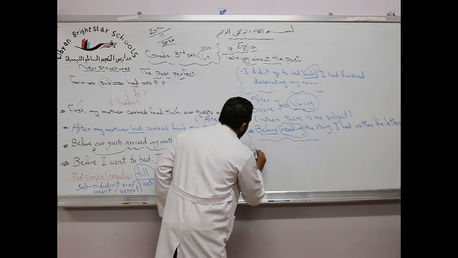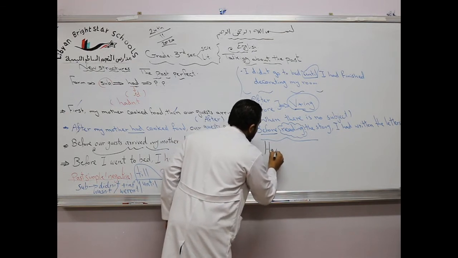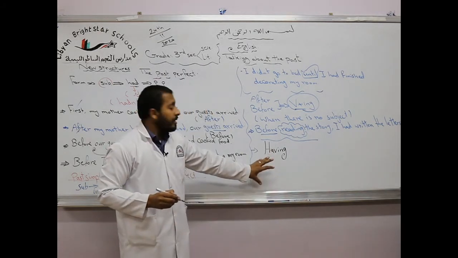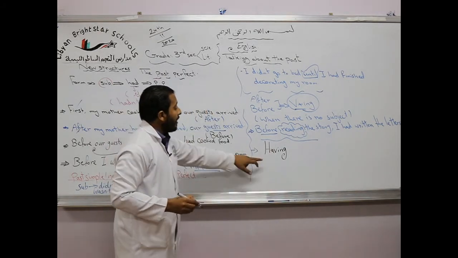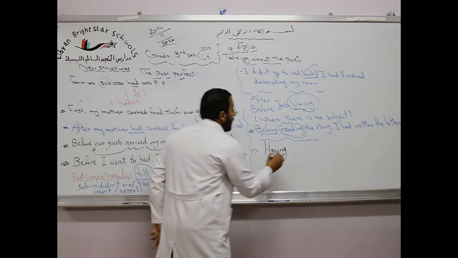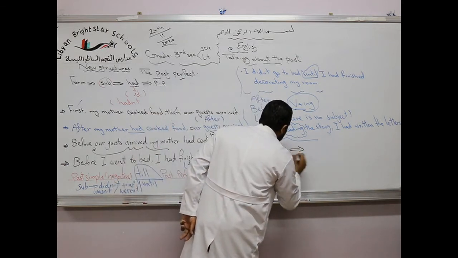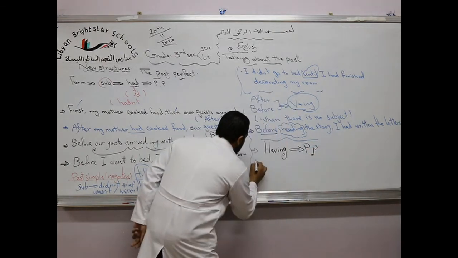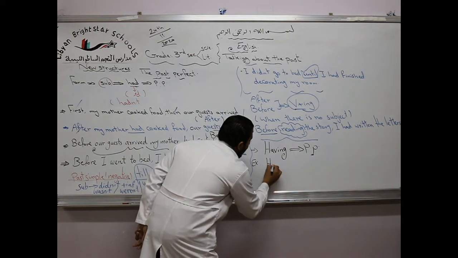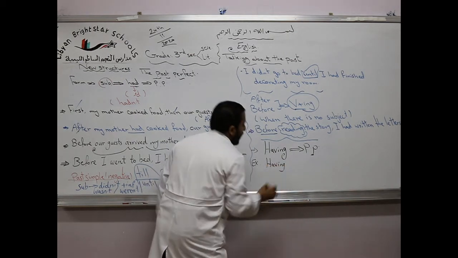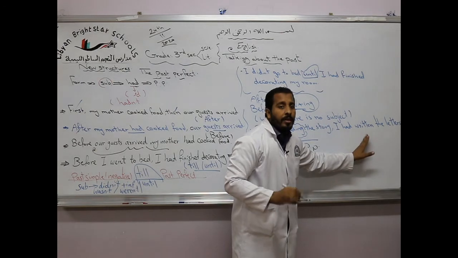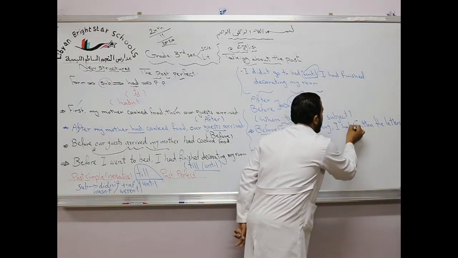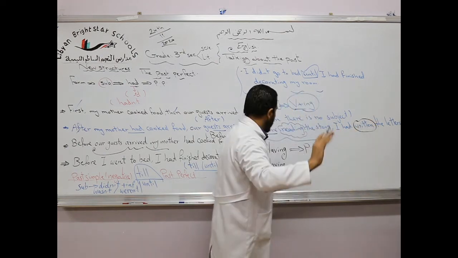The last thing is having. Having has the same meaning as after, but it must be followed by past participle. For example, having. Can we say having I had written? No. Can we say having had written? No. Having must be followed by the past participle.